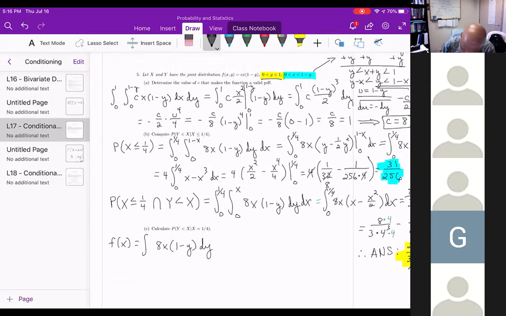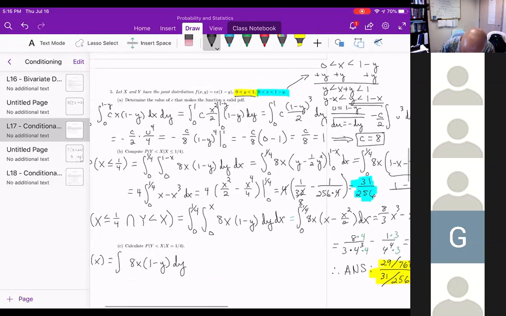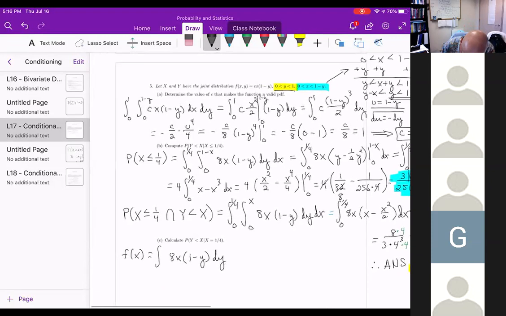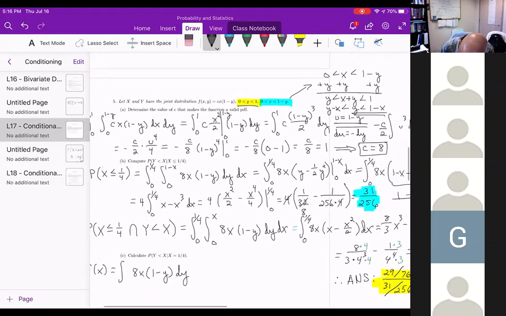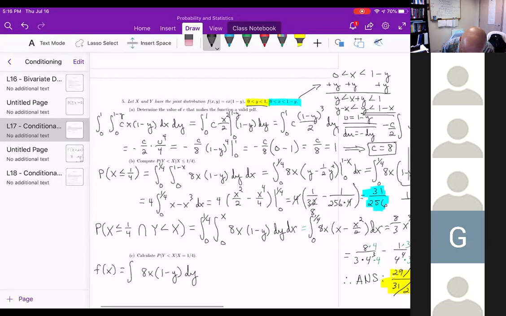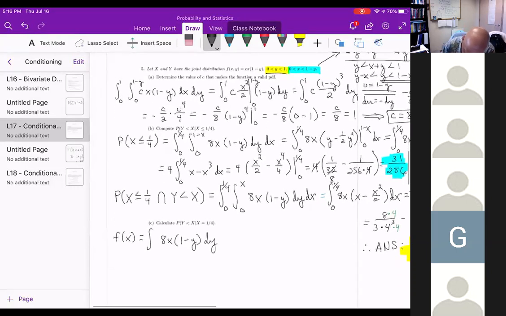And we know that y is related to x, and that's given by the support that I highlighted in blue. And so if we manipulate that like we did last class, we could see that y is going to be bounded above by 1 minus x and below by 0.